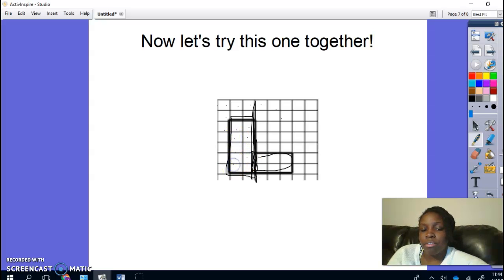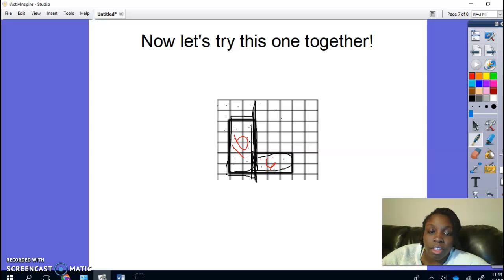But add up your squares and you find the area of each one. So for this long rectangle, I'm adding up my squares: 1, 2, 3, 4, 5, 6, 7, 8, 9, 10. Boom, this is 10. I'm going to make it in a different color. So I know this is 10 square units. And this has 1, 2, 3, 4, 5, 6 square units.